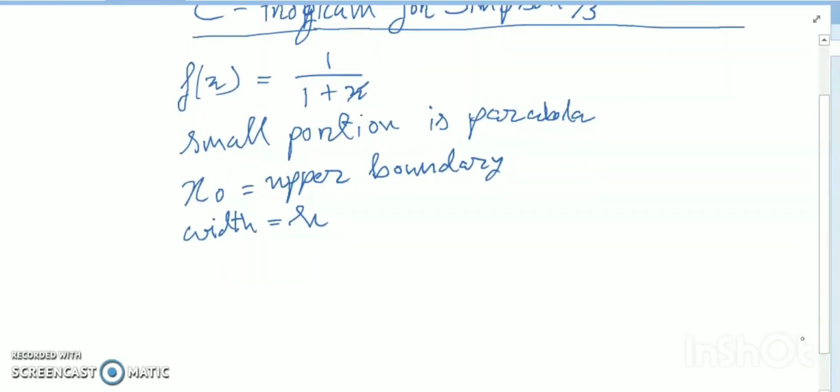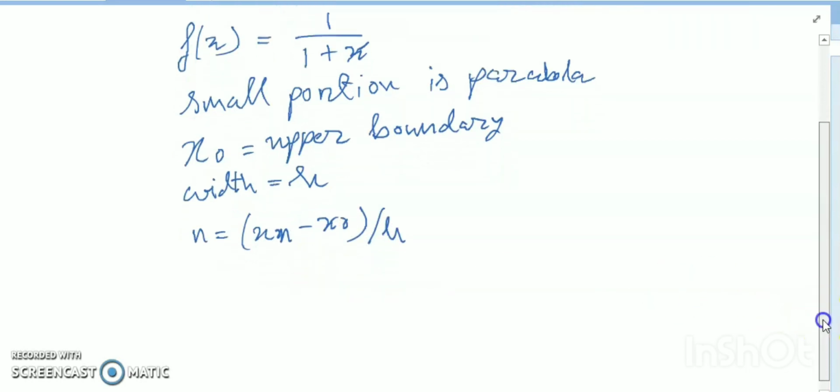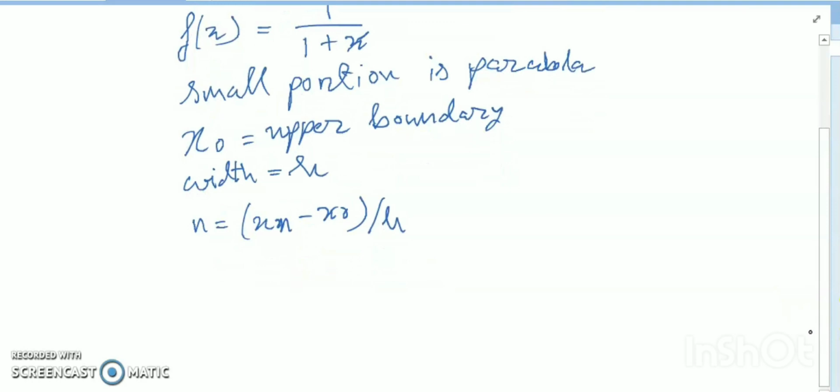Then the program finds the number of strips, n equals xn minus x0 divided by h. Okay friends, it checks whether n is even or odd.